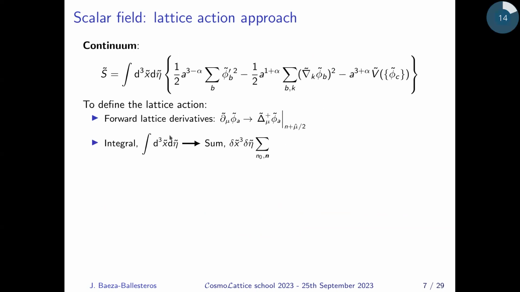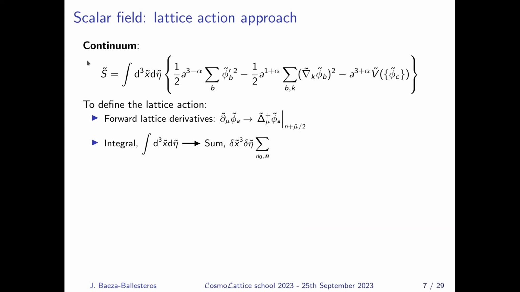We have to choose a prescription, and the prescription I'm going to choose is to use forward lattice derivatives as we saw yesterday. So these spatial derivatives are going to be substituted by forward derivatives, which we consider to live in the midpoints in between two lattice sites.